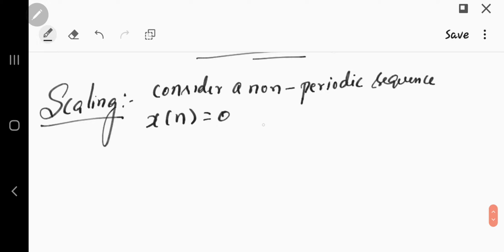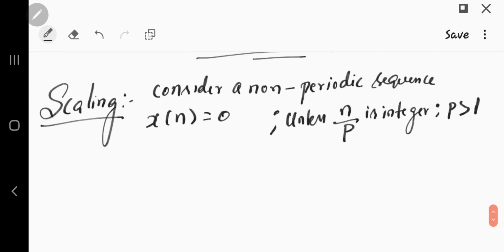So this x of n will be 0 unless the ratio n by p is an integer, where p is greater than 1. So this ratio n by p, if this ends up as an integer, then x of n is 0, where the p value will be greater than 1 here.